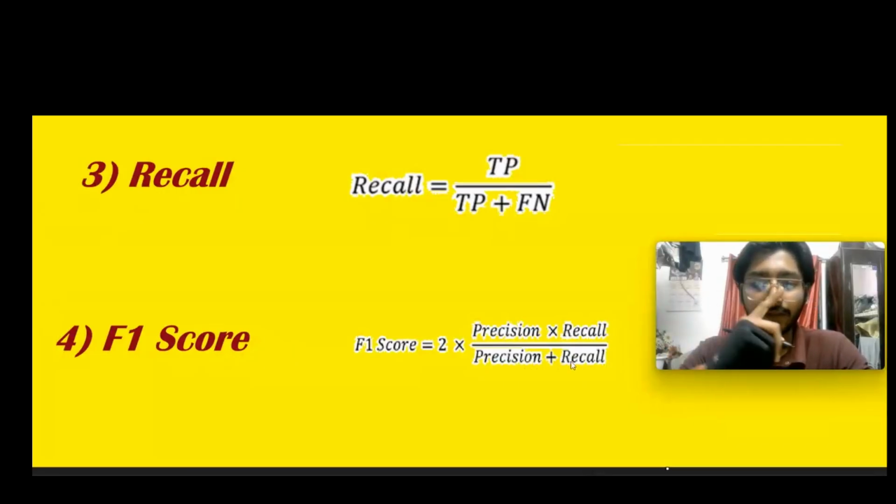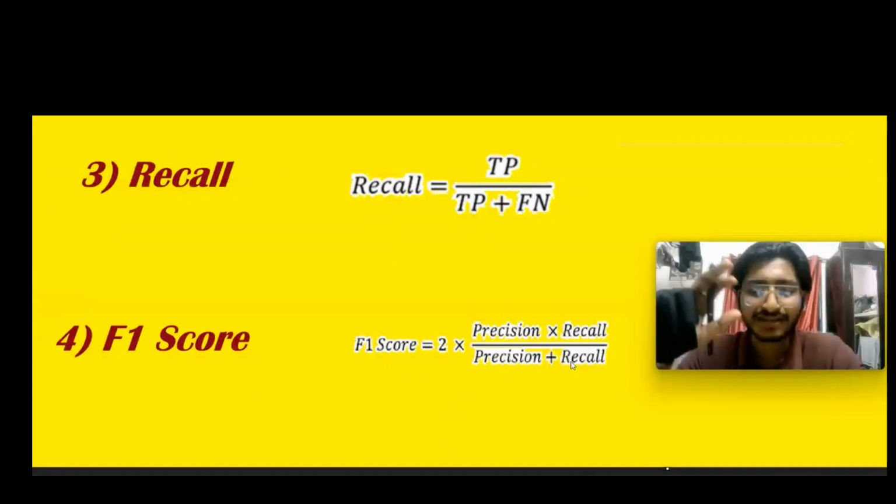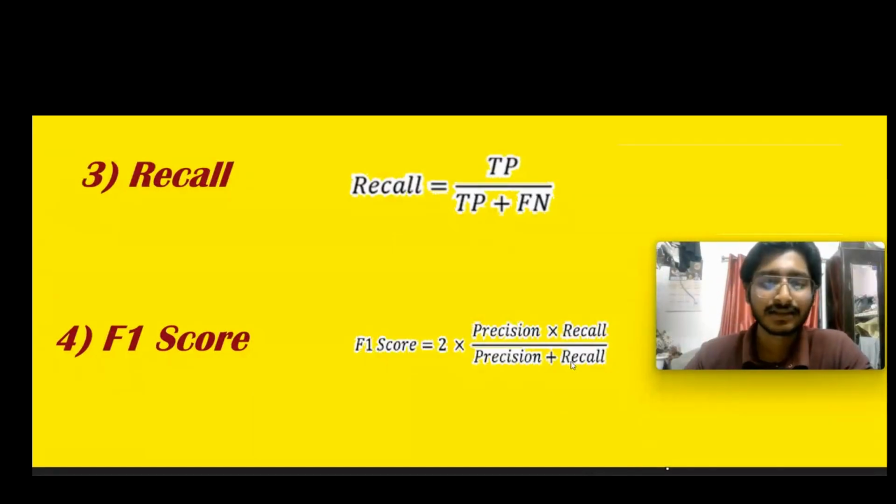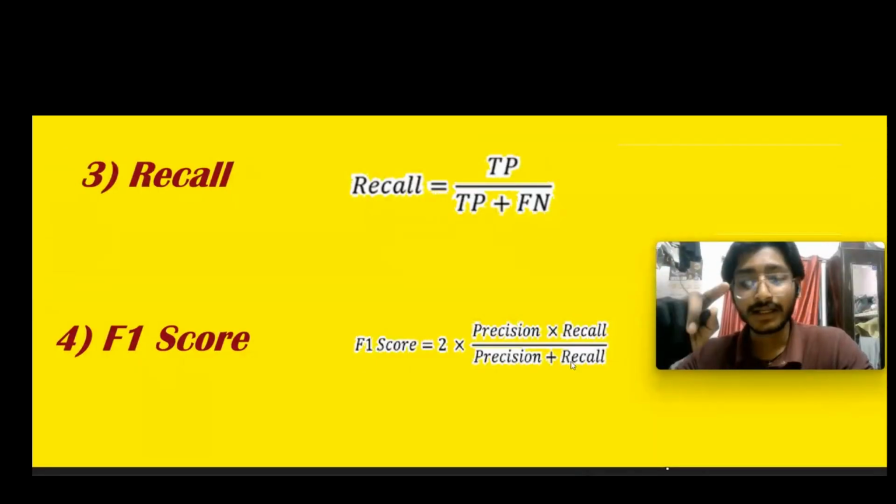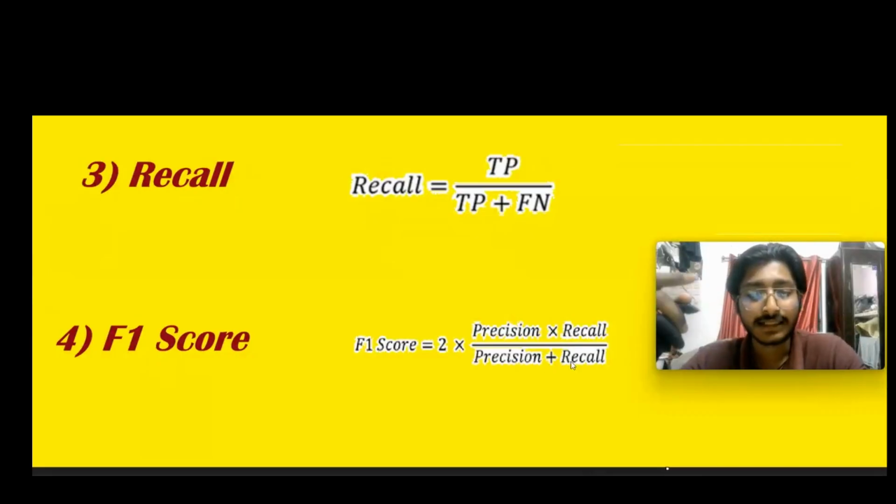So the F1 score is the harmonic mean of precision and recall. What is the harmonic mean? The harmonic mean penalizes extreme values. So the F1 score becomes high only when both precision and recall are reasonably high.